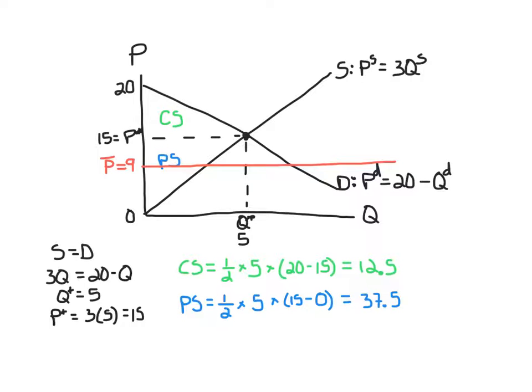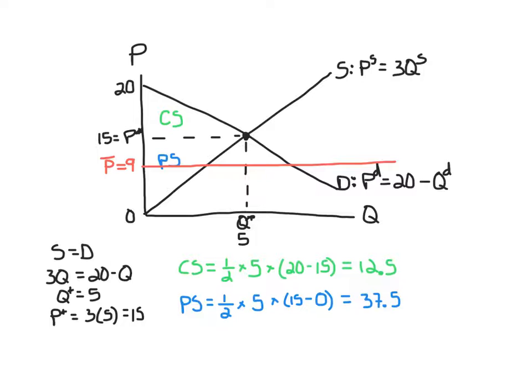So while the market wants to get to P star, with this binding price ceiling, the market can't get that high. It can be anywhere below the ceiling, but it can't go up here, which is where it wants to go. So it's going to just get stuck as close as it can. It's going to get stuck at a price of 9.